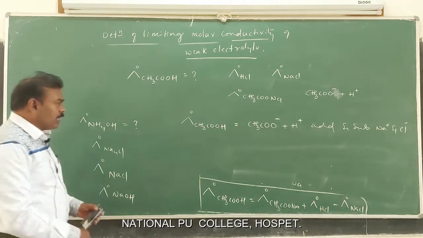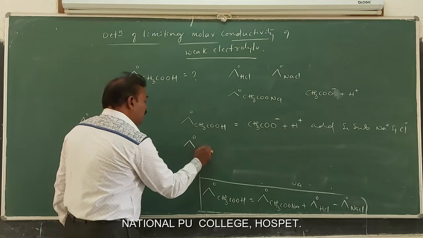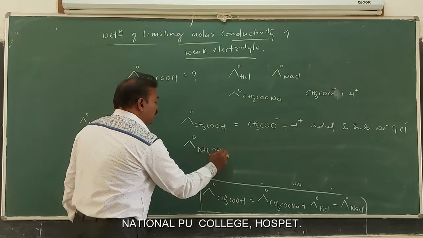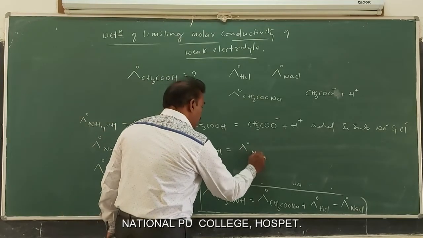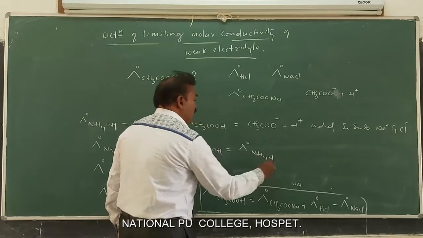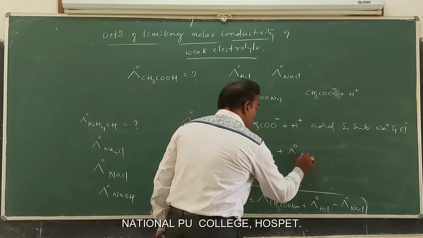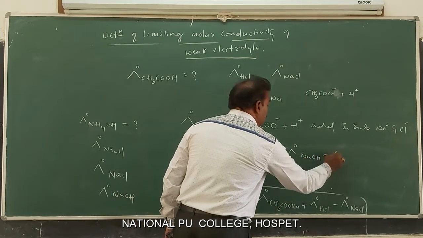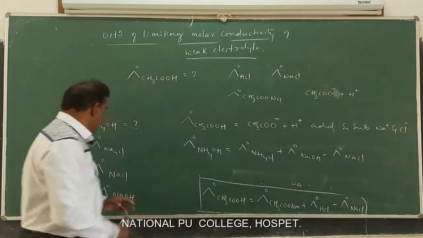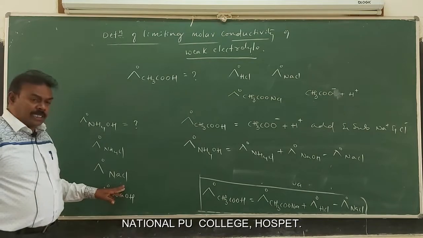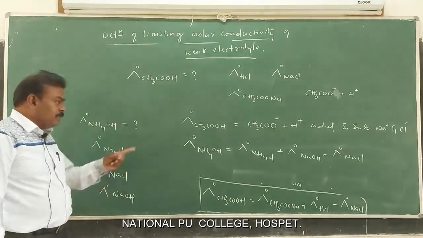So according to Kohlrausch law, we can write limiting molar conductivity of NH4OH equals the limiting molar conductivity of NH4Cl, plus limiting molar conductivity of NaOH, minus limiting molar conductivity of NaCl. Because Na⁺ ion and Cl⁻ ion are not present in this electrolyte, that is why the limiting molar conductivity of NaCl is deducted.